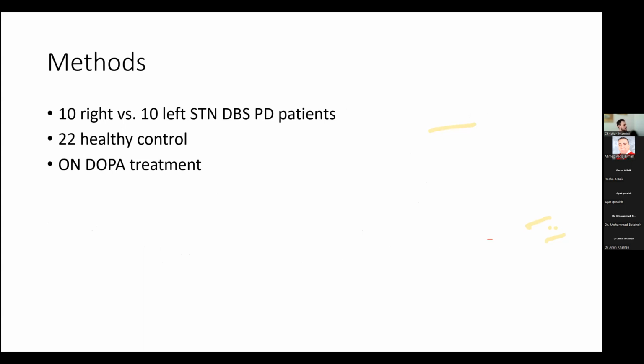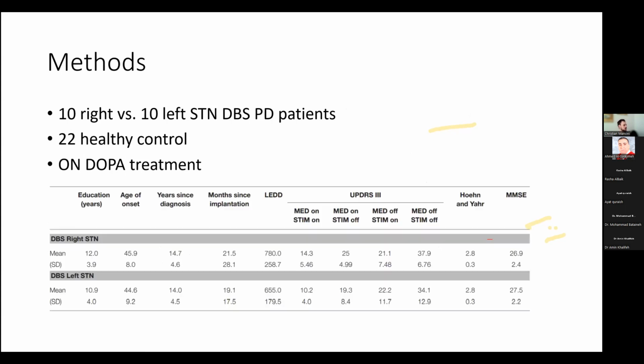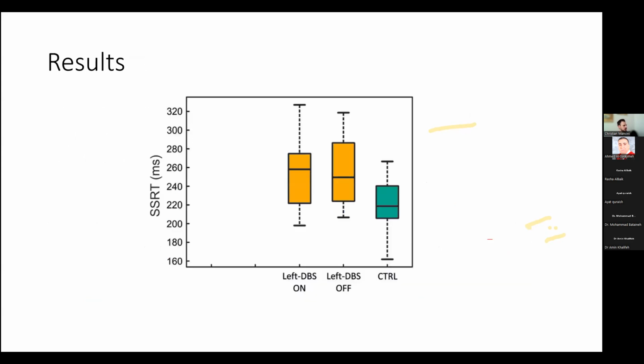Again, we selected 10 right and 10 left patients. So 10 patients had a left implant and 10 had a right implant. And then we used 22 healthy controls. This time they were on dopaminergic treatment. So that is an overview of our patients, and here are the results.